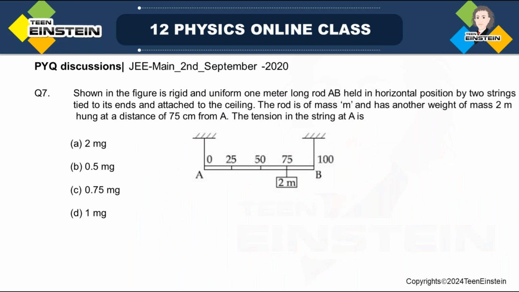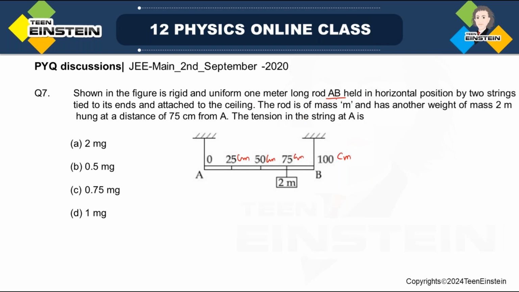This problem is very, very easy. Shown in the figure is a rigid and uniform 1 meter long rod AB. So this is the 1 meter long rod AB, which in centimeters is 100 centimeter. You can see this is 75 centimeter, this is 50 centimeter, this is 25 centimeter.